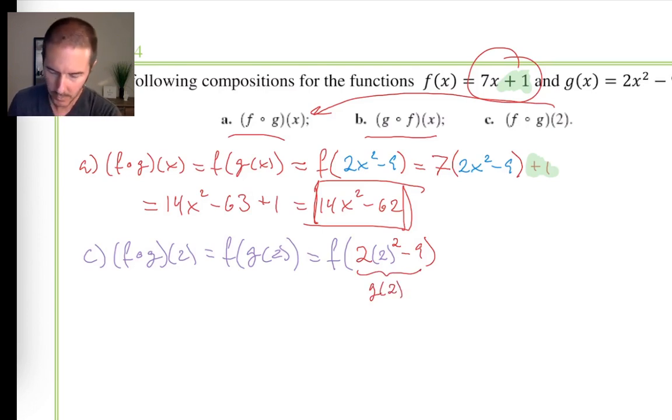And then we can do those calculations. I've got 8 minus 9, which is negative 1, so this is equal to f of negative 1. Then we can take the negative 1 and plug it into our f function. So that is 7 times the negative 1 plus 1. And if you want to keep highlighting that plus 1, you're welcome to. I don't think you probably need to at this point, and that is negative 6.